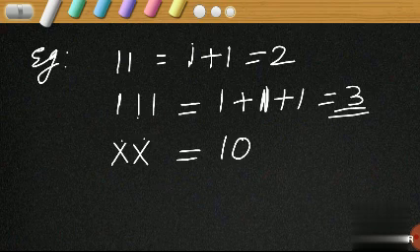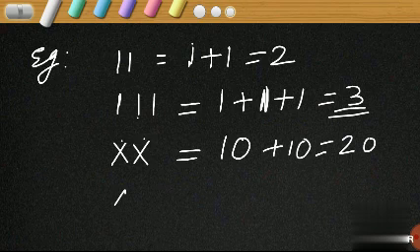X has to be added 2 times, X plus X. In our Indian system, X means 10 plus 1 more X, 10. So what is the value? 20. Isn't it? So, what is X?